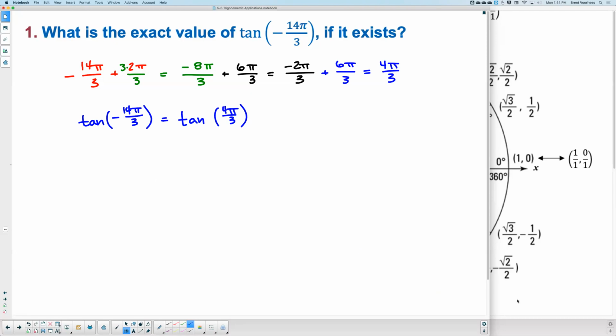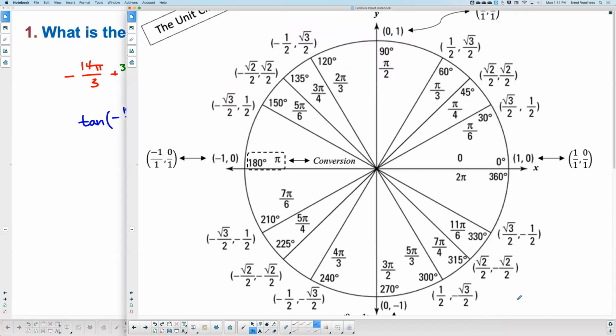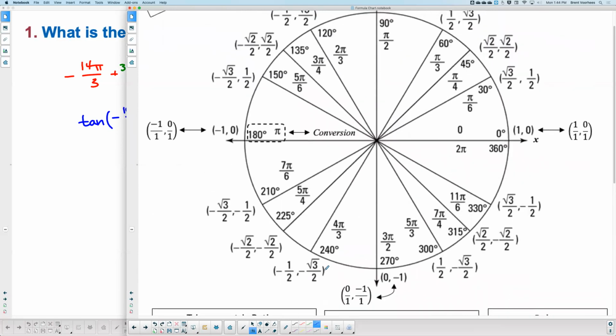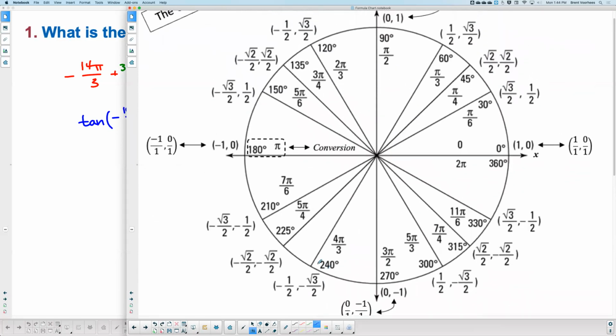Okay, so we go to our unit circle. I find 4 pi over 3. Now sine is y, cosine is x, tangent is y over x. So once we find 4 pi over 3, I'm going to take my values and divide y over x. The 2's will cancel each other out. You can ignore the 2's.